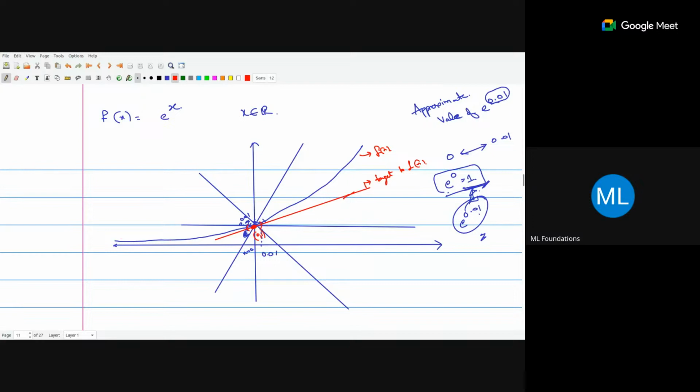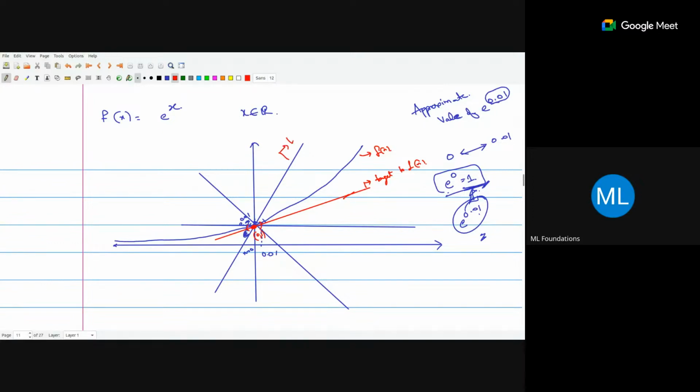It is differentiable at x equals 0, and there will be a tangent line at x equals 0. Among all the lines possible, even the tangent line will pass through 0, 1, and this tangent line is a better linear approximation to this function f of x compared to all other lines. So all blue lines are bad when compared to this red line.